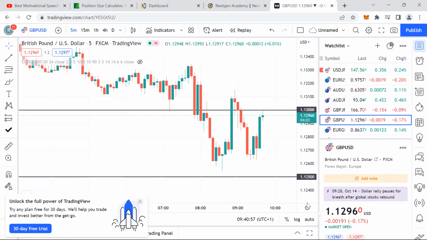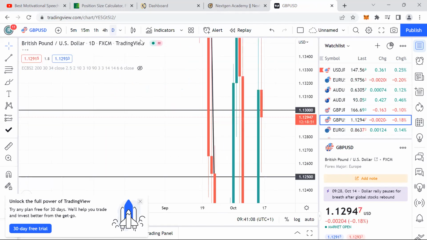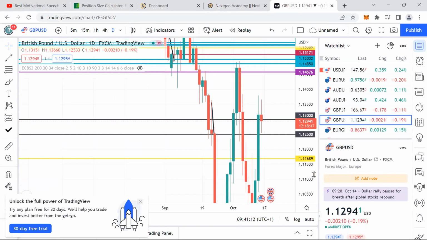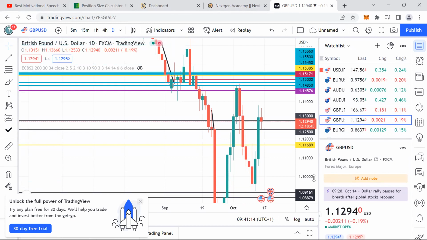But if you want to go a little bit deeper, you can do it this way. So I go to my daily candle. I always have plenty of lines, and I don't want to alter these psychological levels now. So what do I do?